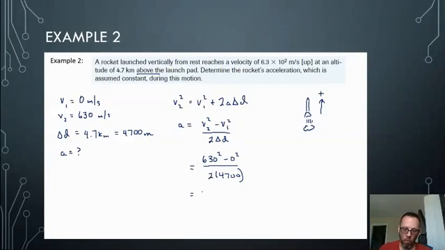I'm going to do this all at once on my calculator, but do it in a couple steps if that's what makes you feel comfortable. I got an acceleration of about, just keeping the sig figs the same, about 42 meters per second squared, or meters per second per second.